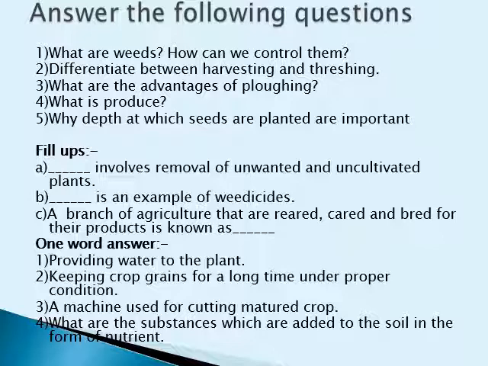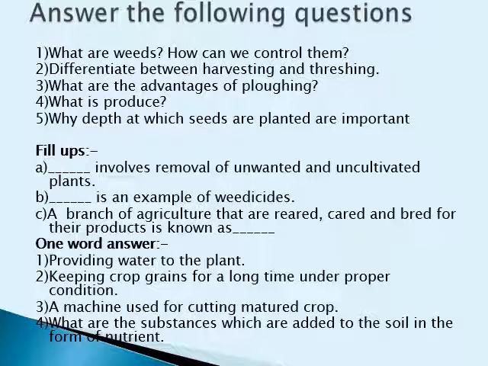Next question says, a machine used for cutting matured crop, and it is a combine, which is used as a harvester as well as thresher. Next question says, what are the substances which are added to the soil in the form of nutrients? So children, we have already discussed there are two types of nutrients which we can add to the soil, in the form of organic material as well as inorganic material.